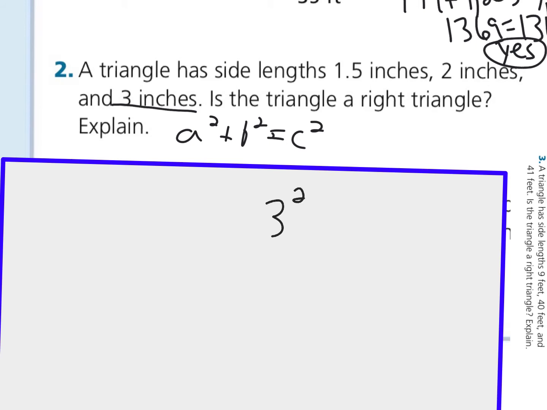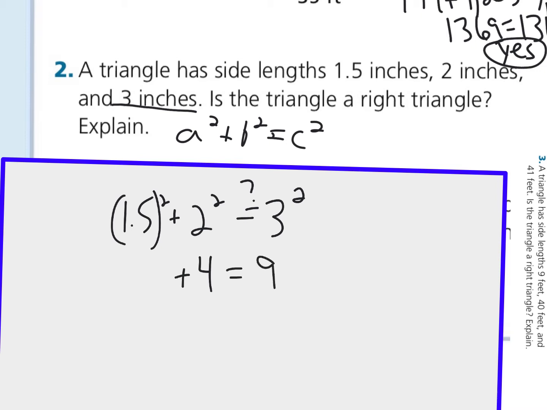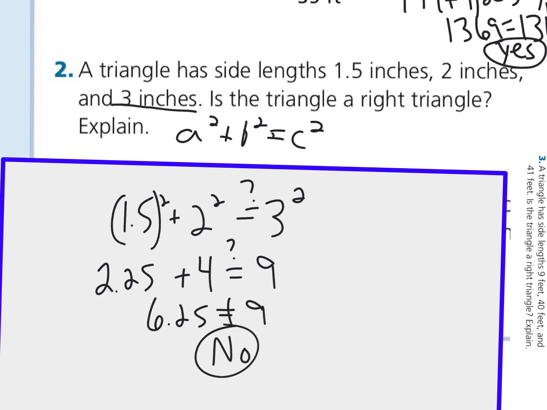So 3 we'll put in place of c. Two squared is 4, 3 squared is 9, 1.5 squared would be 2.25. And those are not going to be equal to each other, so we would say no, that is not a right triangle.